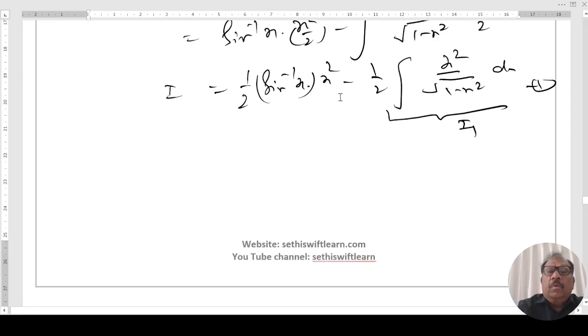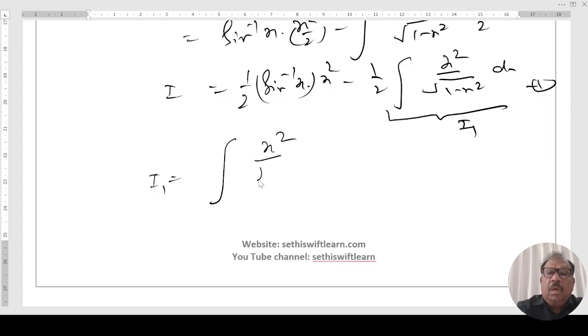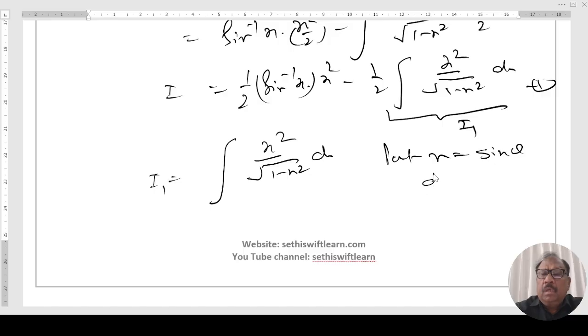Now, I1 is x square upon under root 1 minus x square dx. We put x equal to sin theta, dx will be equal to cos theta d theta.